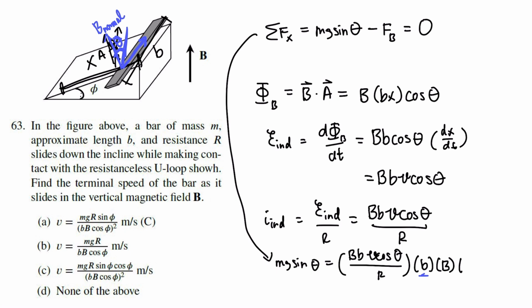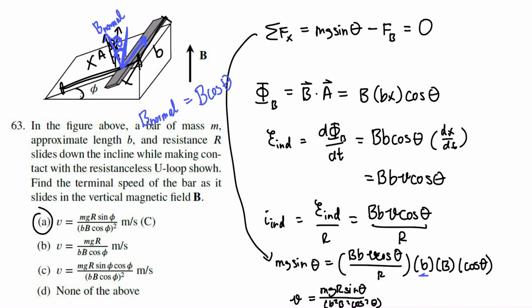So the normal component of the magnetic field is just b cosine theta also. That means that over here we also have to multiply by cosine of theta. So then solving for v, we will get mgR sine of theta divided by b squared cosine squared theta, which is the same as choice A.